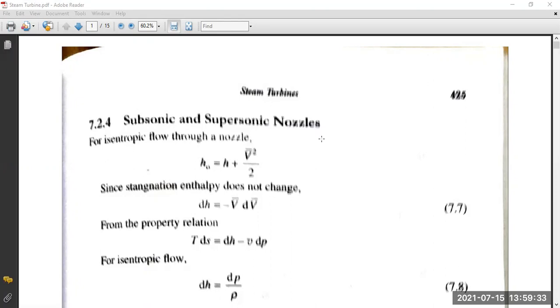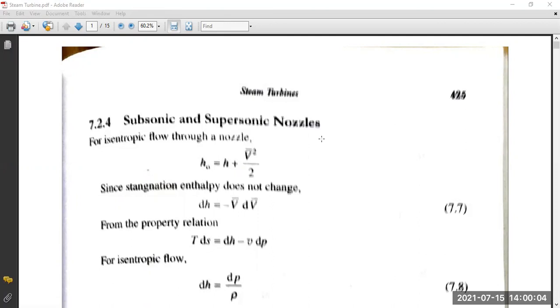Now, these stagnation properties. What is the definition of the stagnation state? The isentropic stagnation state is defined as the state a fluid in motion would reach when it is brought to rest isentropically by a steady flow, adiabatic, and zero work output device.